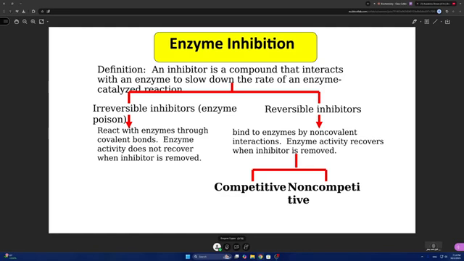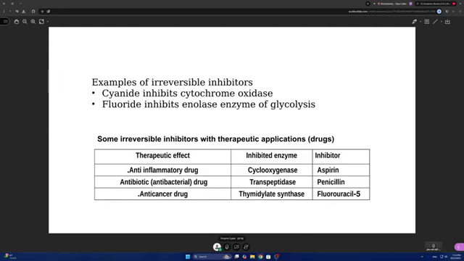There are 2 types of inhibition, irreversible and reversible, and there are examples for them. The reversible is again of two types: competitive and non-competitive. Aspirin, penicillin, and 5-fluorouracil are examples of irreversible inhibitors.